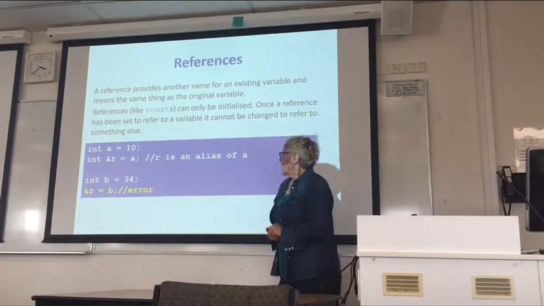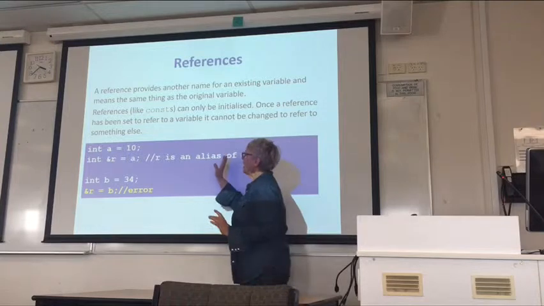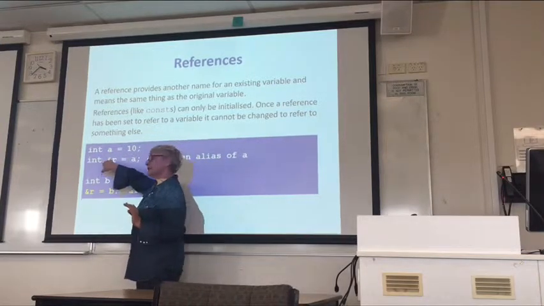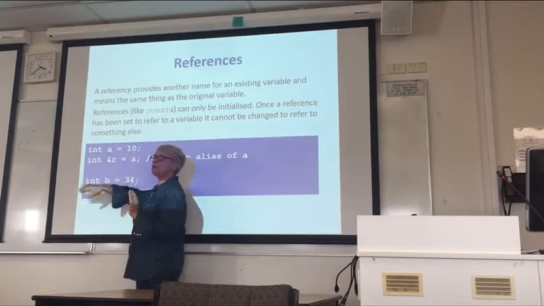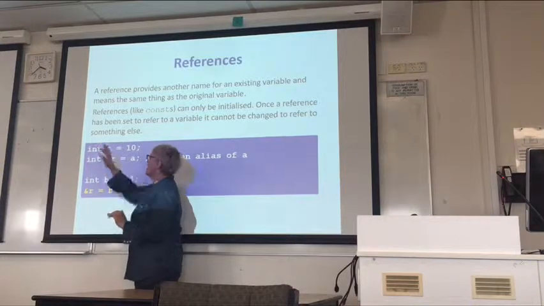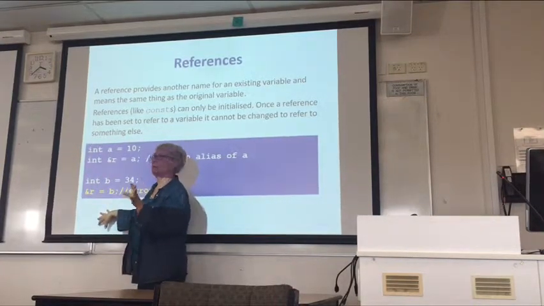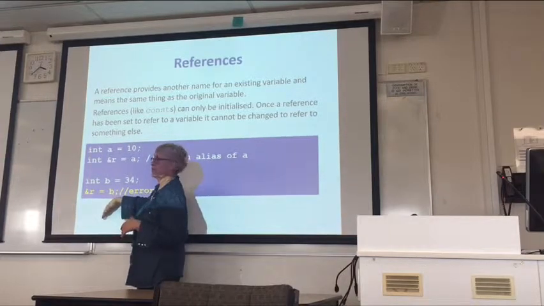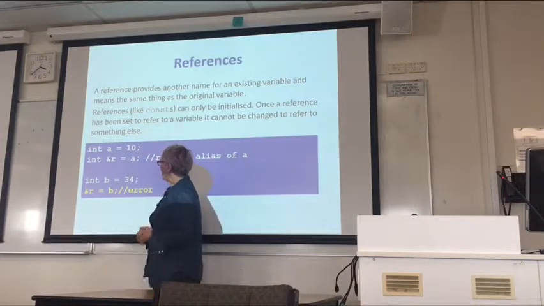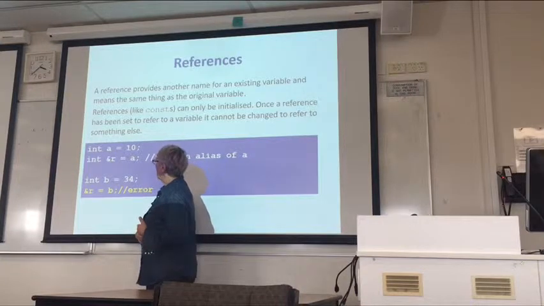We will see that these reference variables are used for functions mostly. We won't use them in this raw form, like inside main you have this construction. This is not very useful.